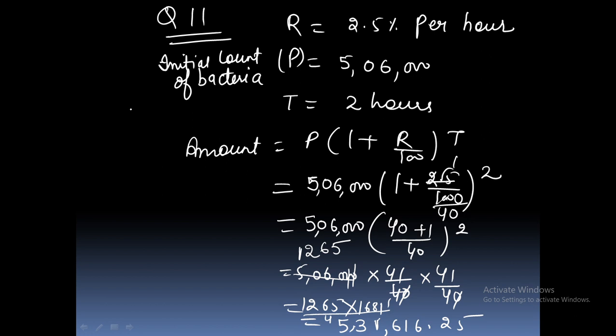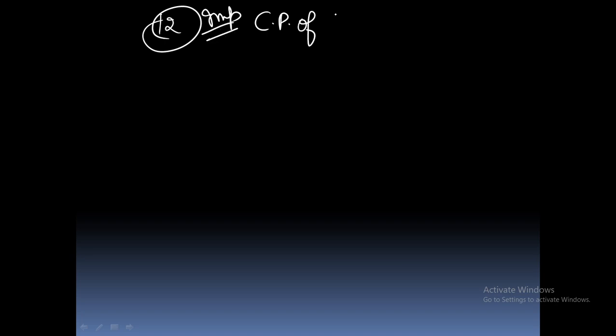In the 12th question, a scooter was bought for rupees 42,000. That means you have been given the cost price. This question is very important from the exam point of view. Cost price of the scooter is 42,000 rupees, and the rate of depreciation is 8% per annum.